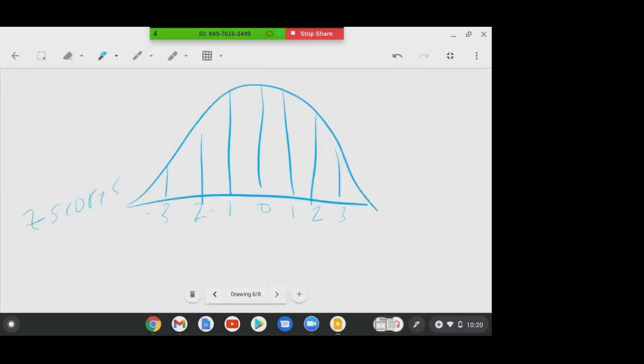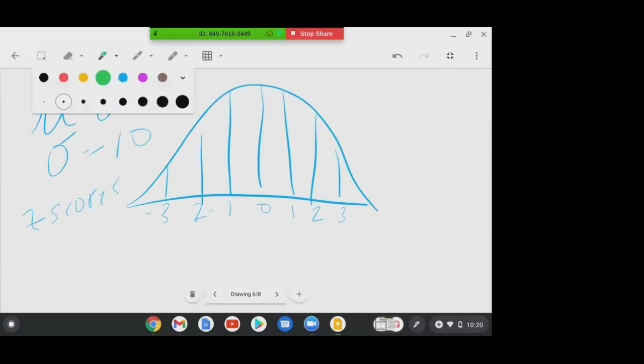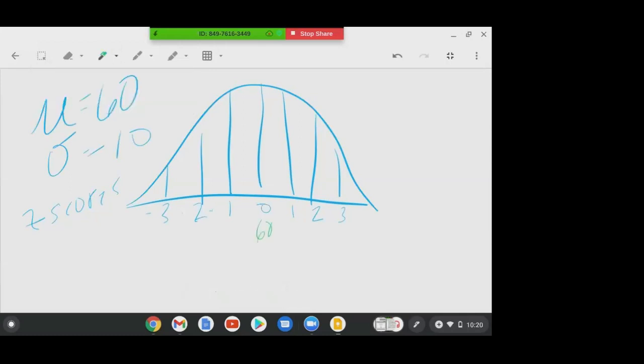Okay, so, oops, I already forgot. Oh, my mean was 60, and my standard deviation was 10. Okay, so I'm always going to draw that in, right? I'm going to put 60 here, then 70, 80, 90. And then over here, 50, 40, 30, right?